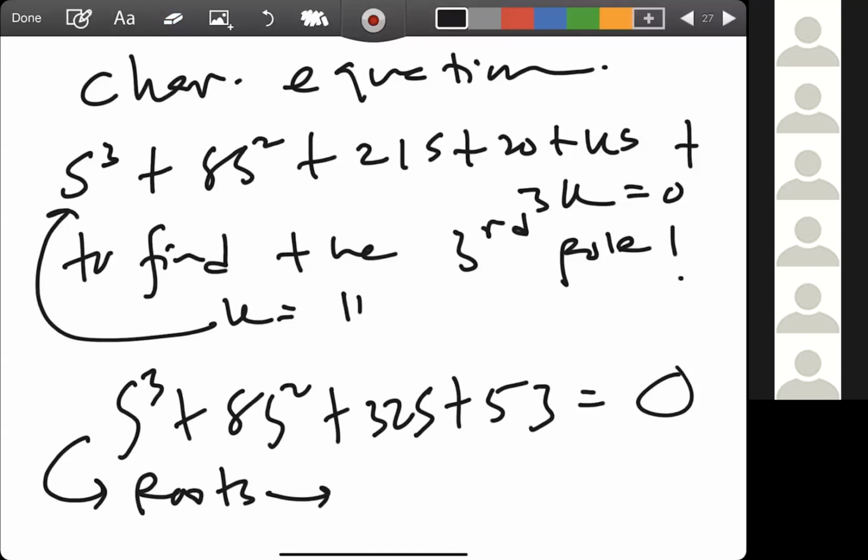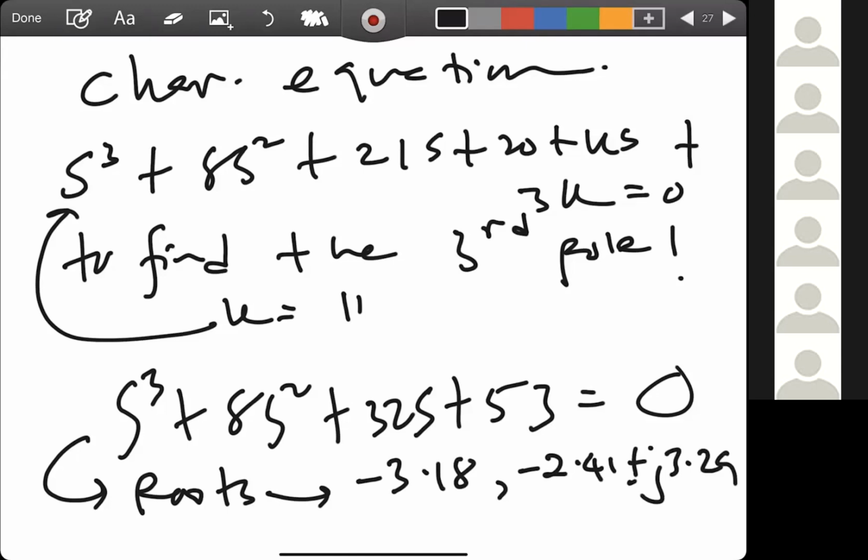Calculating. Calculating, please. 3 point.